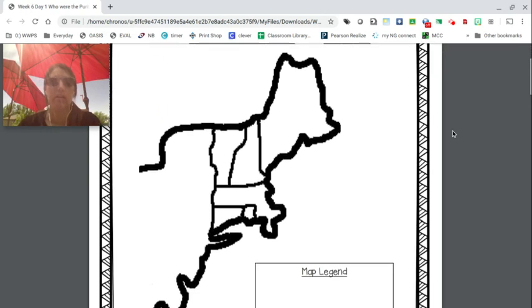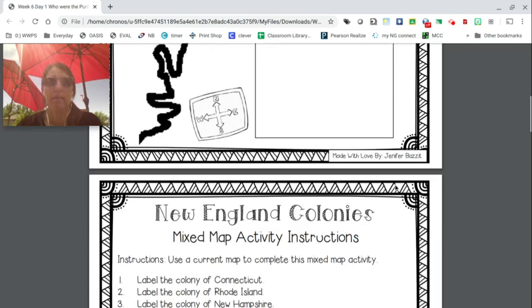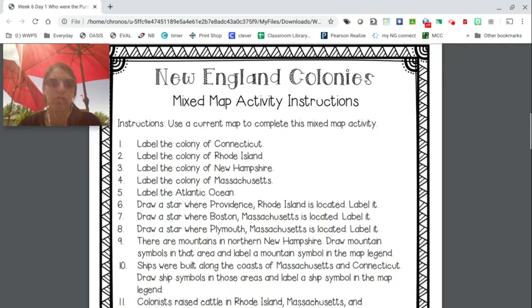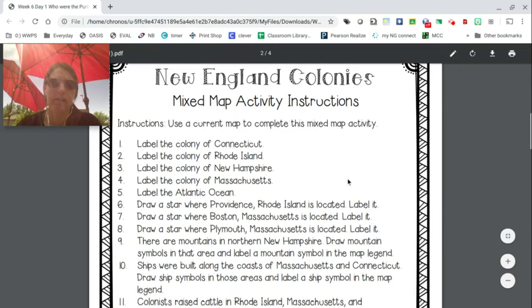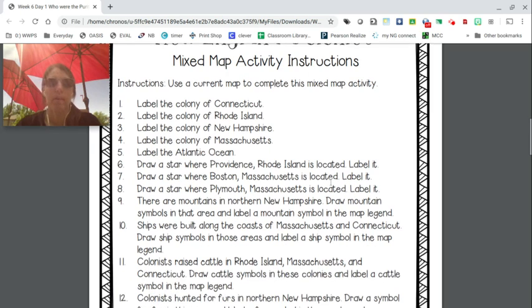And the first thing that we want to do is there's a map in your packet, and we want you to label this map here so that you can make sure you know exactly where the different colonies were. The instructions are on the next page, which is right here. And so we want you to label Connecticut, Rhode Island, New Hampshire, Massachusetts, the Atlantic Ocean, and then also more specifically drawing stars where Providence, Rhode Island is located, where Boston, Massachusetts is located, where Plymouth, Massachusetts is located.